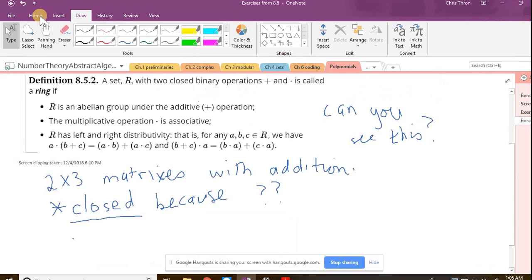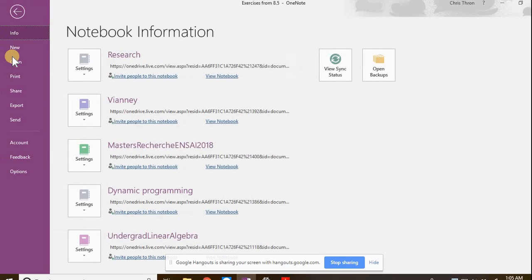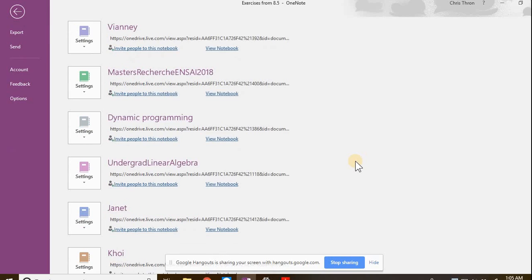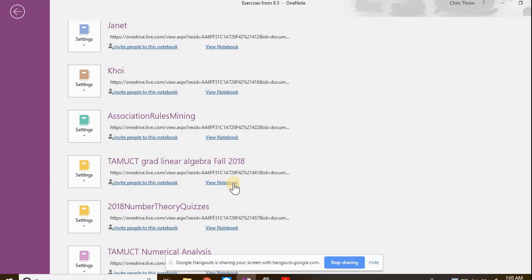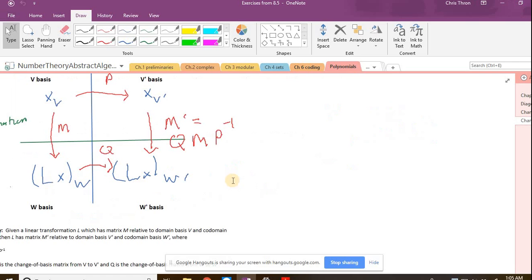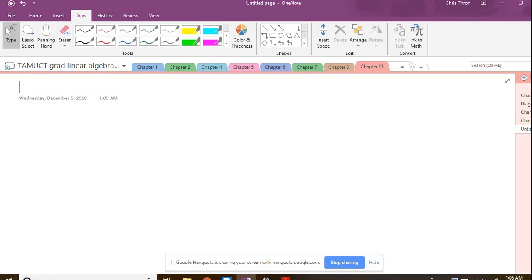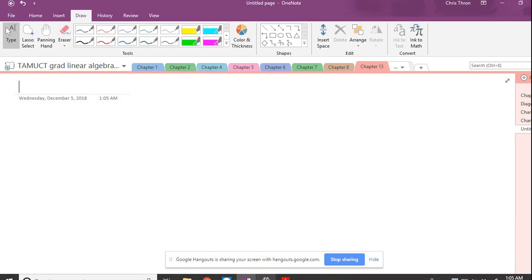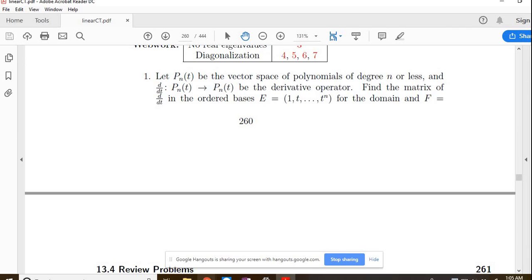Alright, so let's put this into OneNote in the other place, and we'll get started. Alright, add another page. I'm going to do something here. I don't need this. Alright, so let me clip it. I guess it's here, right?